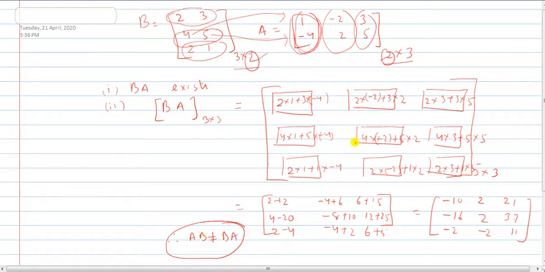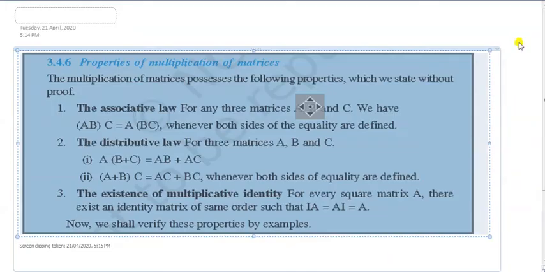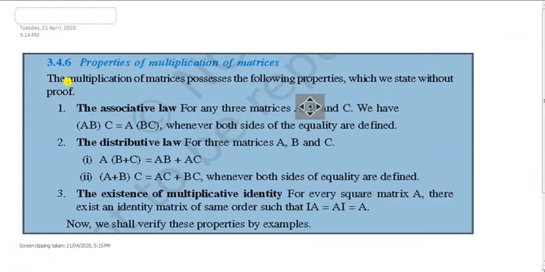So with this, let me tell you some of the more properties of matrix multiplication. Look at this. Here first one is the multiplication of matrices. It is the associative law. For any three matrices A, B and C, we have AB into C is A into BC.